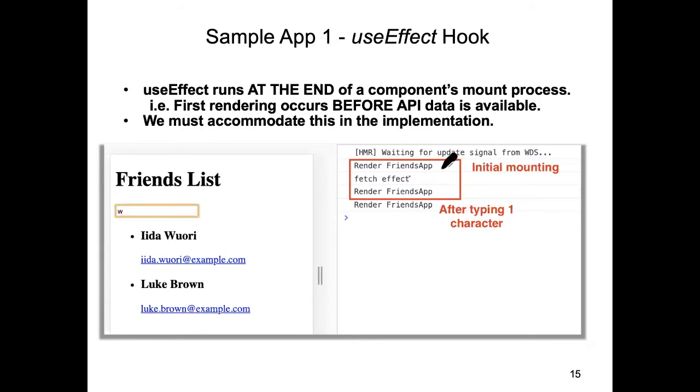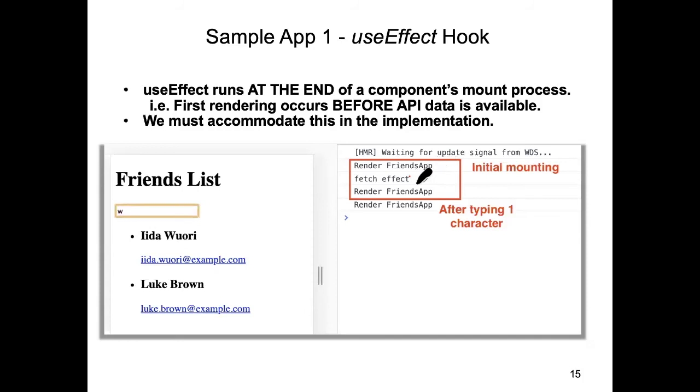That must mean that when the component renders for the very first time, I don't have any list of friends yet. And that's why it's really important that you initialize your friends state variable to an empty array, because if the top component renders, it's going to try and filter something, and the something better be an empty array rather than null.